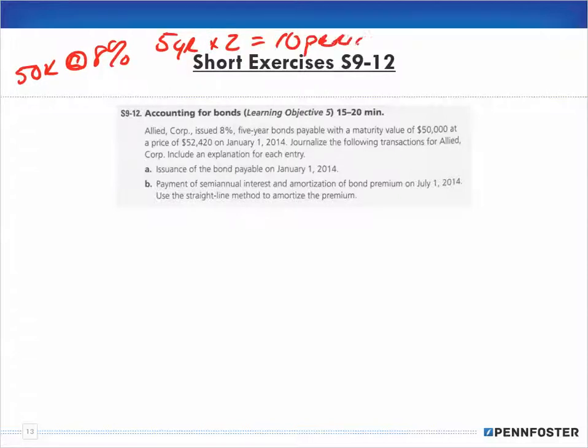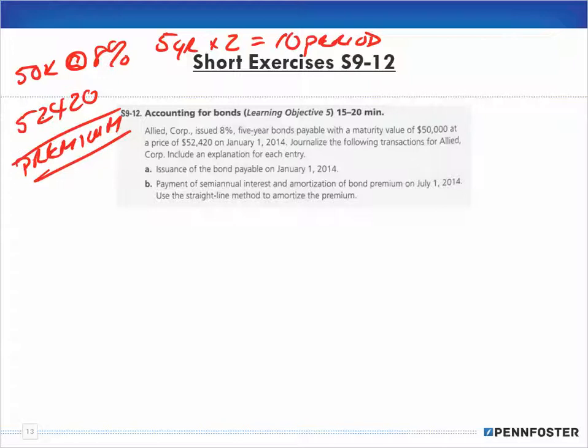We're going to need that for the interest payments. But now, instead of having a price of $48,000 like we did in 9-11, it has a price of $52,420. So that's at a premium, because the par value is $50,000 and we're getting $52,420.